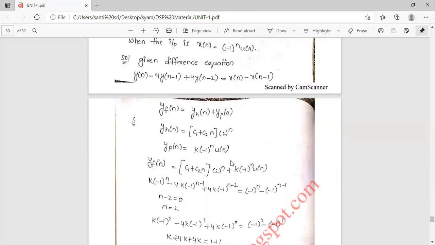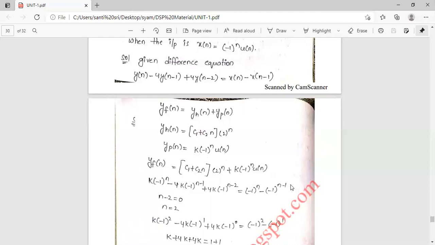So substitute these values in the difference equation, that is k into (minus 1) whole power n, minus 4 into k into (minus 1) whole power n minus 1 plus 4 into k into (minus 1) whole power n minus 2 equal to (minus 1) whole power n.